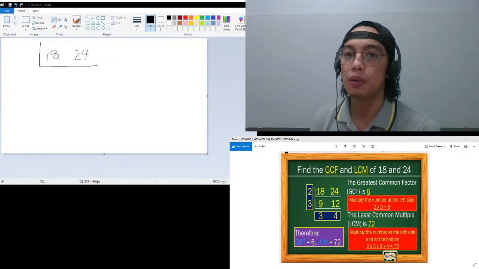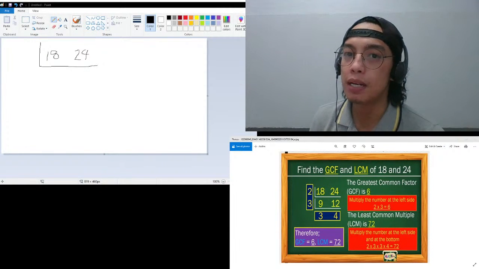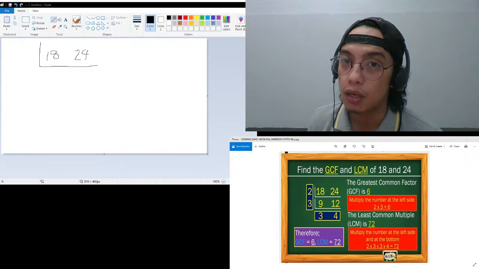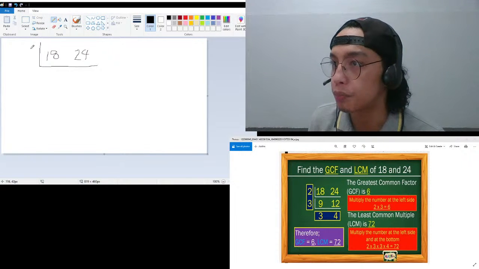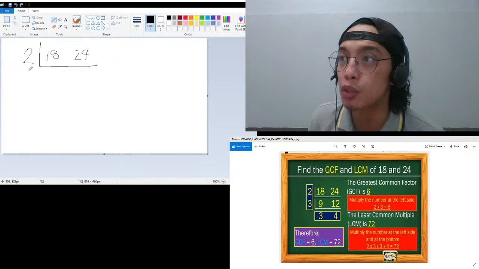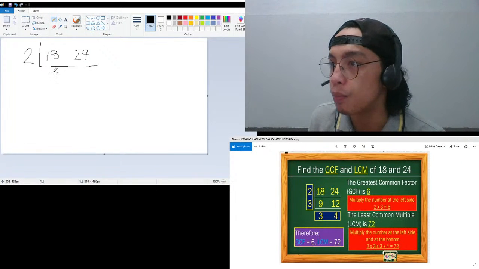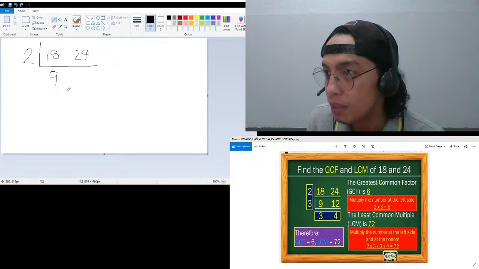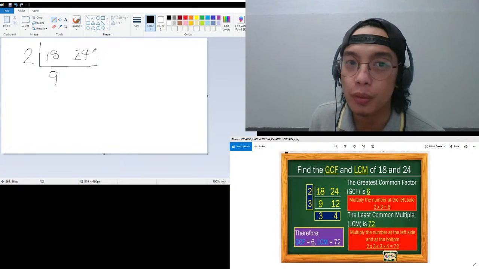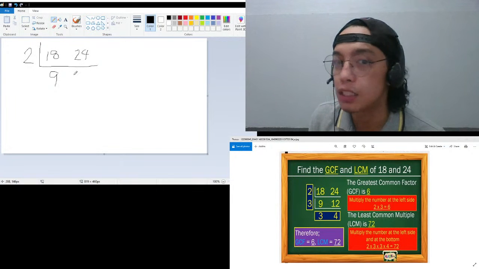So what is the smallest number that can divide both 18 and 24? It is 2. 18 divided by 2, the answer below is 9. 24 divided by 2 is 12.